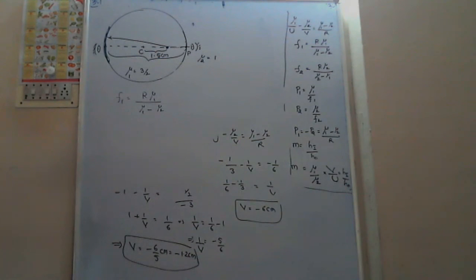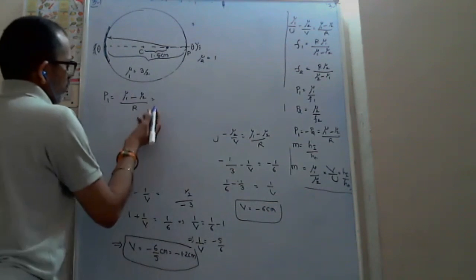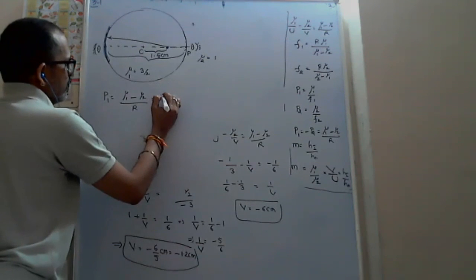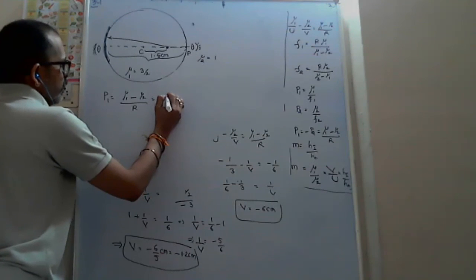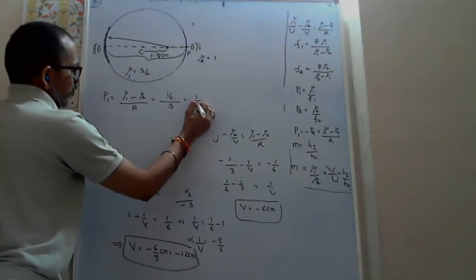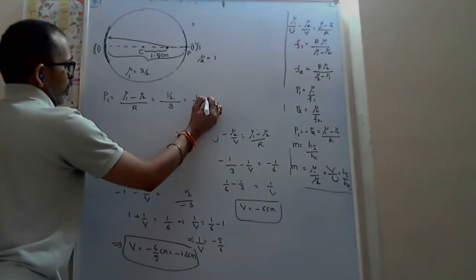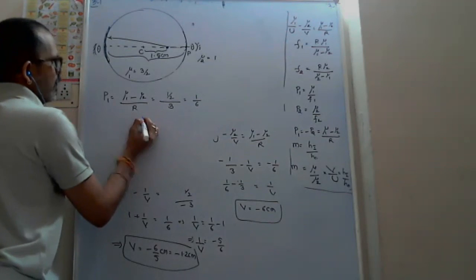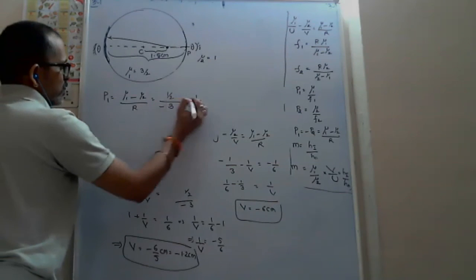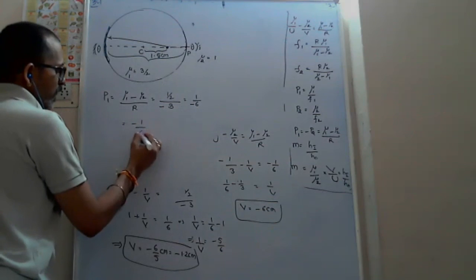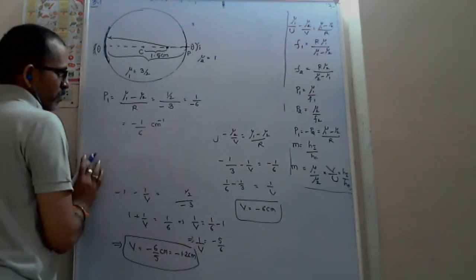Then power is equal to mu1 minus mu2 by R. Suppose 3 by 2 minus 1 means 1 by 2, by radius 3. 1 by 6. R is minus 3, so minus 1 by 6 centimeter inverse.